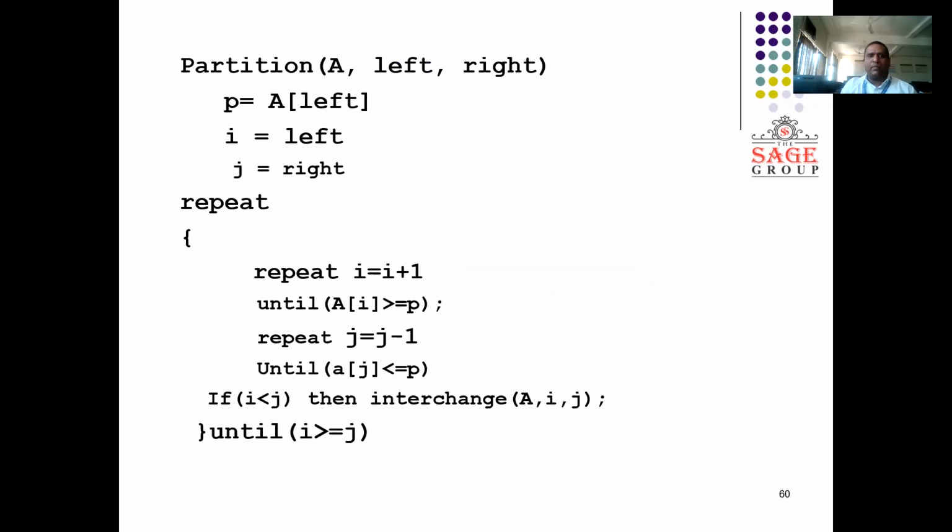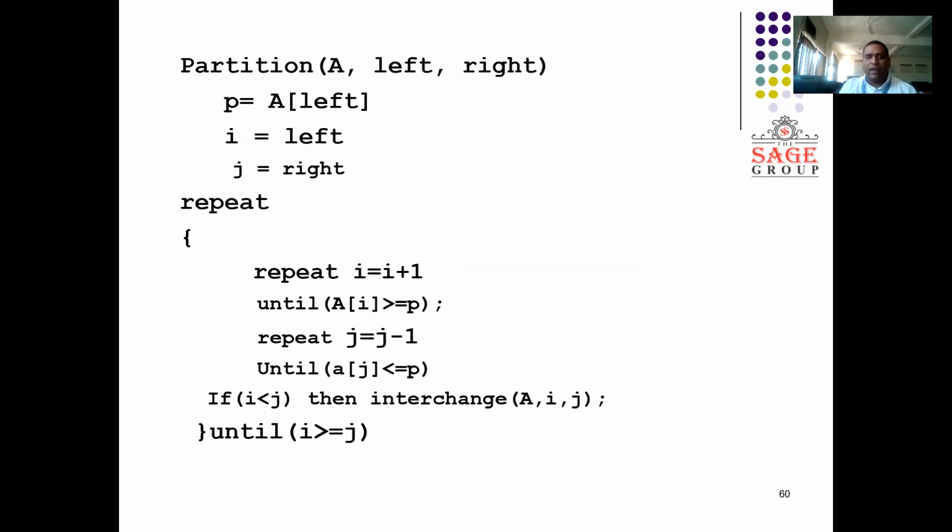And then the algorithm. What is the algorithm? When we are talking about partition, take the first element: a[left] is the pivot p, i starts at left, and j is put at the right. Here we repeat: i equals i plus 1 until a[i] is greater than or equal to p. Repeat j minus 1 until a[j] is less than or equal to p.